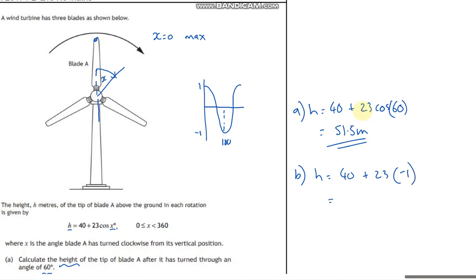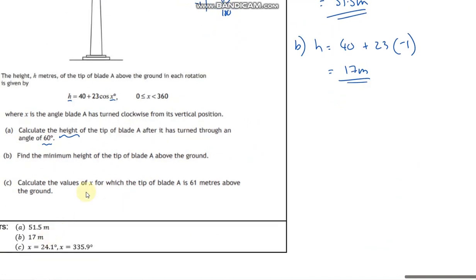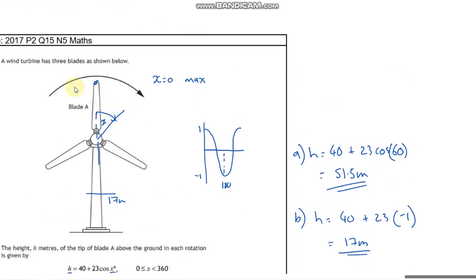So that's going to give you 40 take away 23, which is 17 meters. That's the minimum height of the tip. So the minimum 17, so that's the lowest it's going to get, is 17 meters. And we've worked out already that the maximum it can be is 40 plus 23. So that'd be 63 meters for the max.